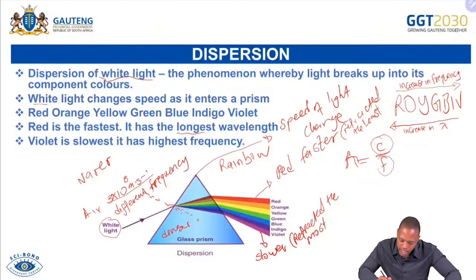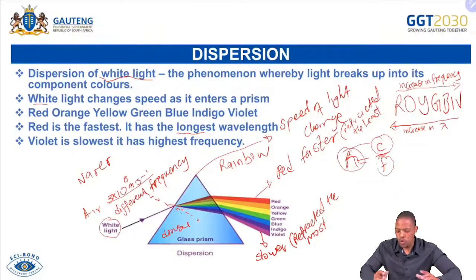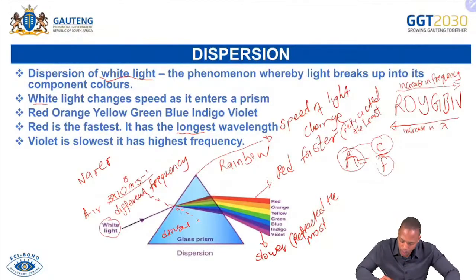And the change in the speed of light also affects the wavelength of these colors. Or to say the wavelength is the one that actually affects the speed, making it slower or even faster.